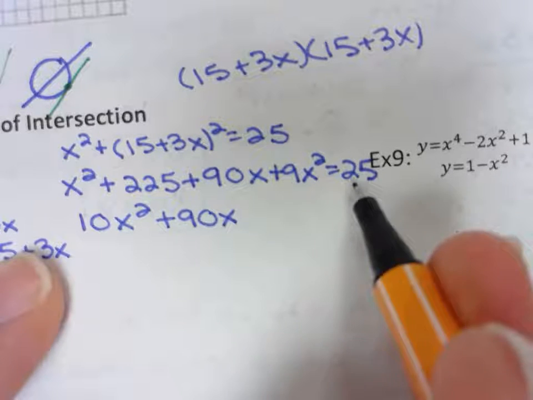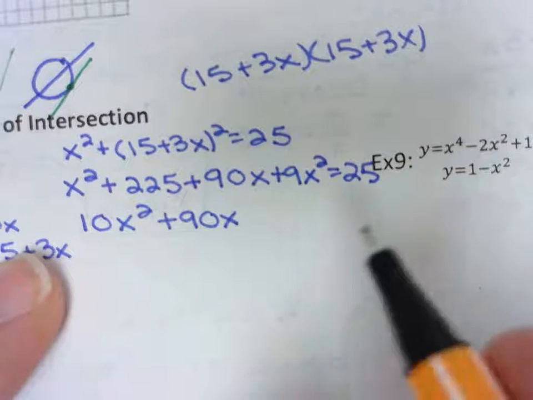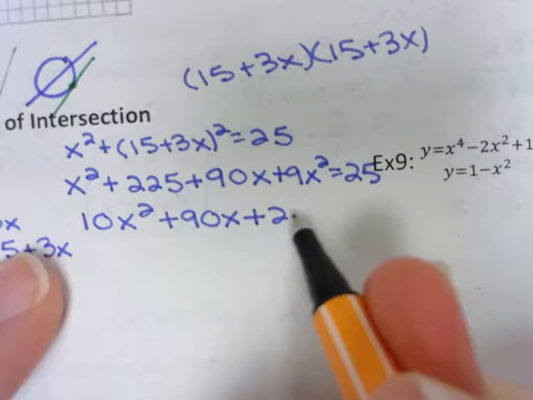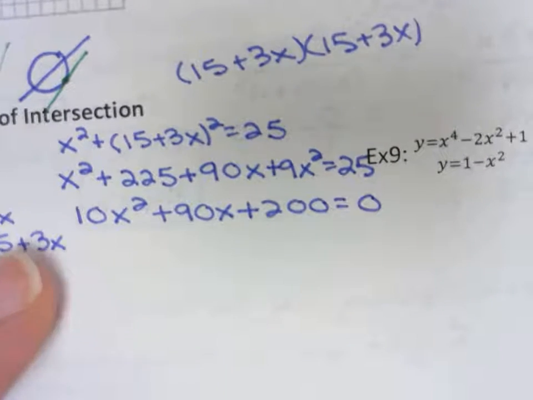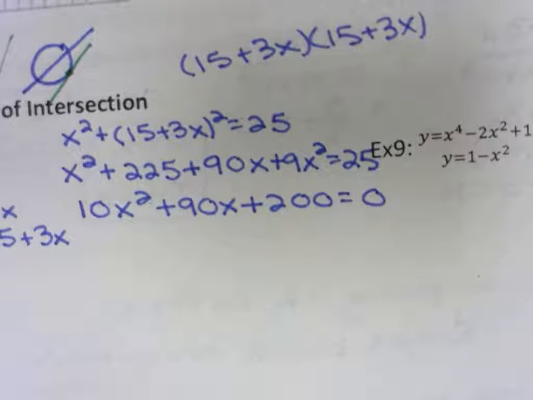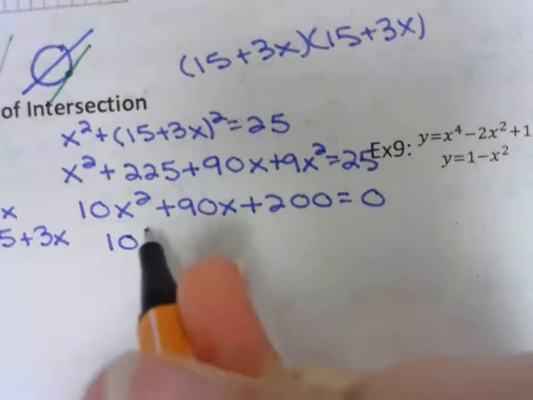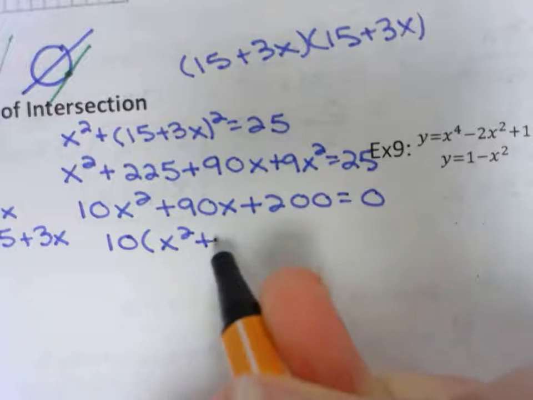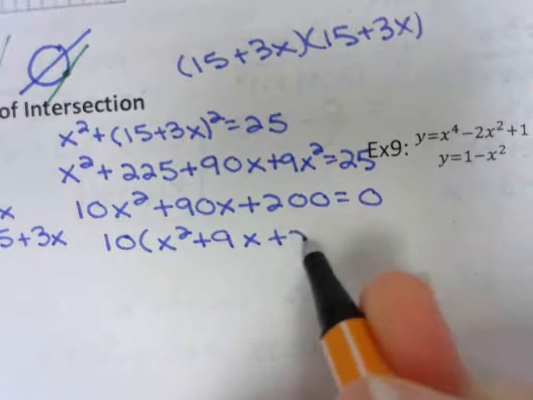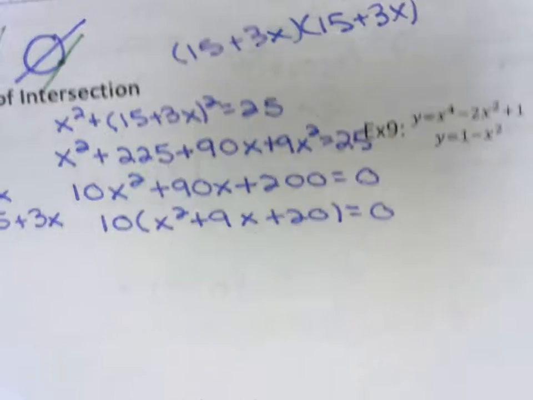If I subtract my 25 over, my constant is going to be what? 200. So it's a quadratic like we talked about earlier, and I always want to try to factor first if I can. Factorable, I can do what? Take out a 10. So x squared plus 9x plus 20. At least that makes it more doable to look at and see.